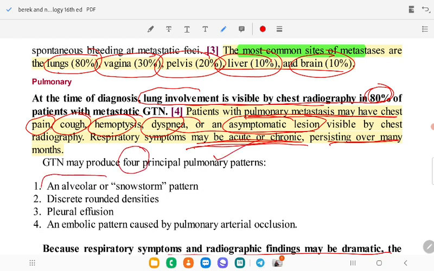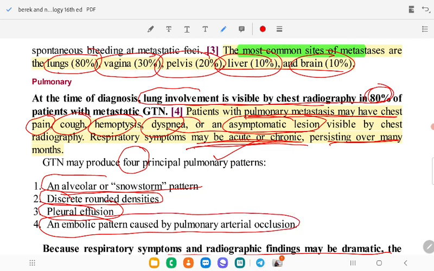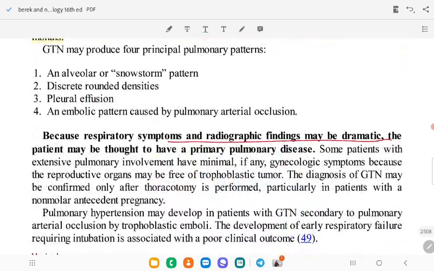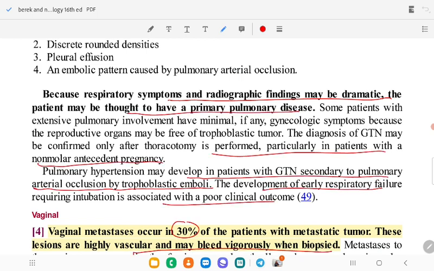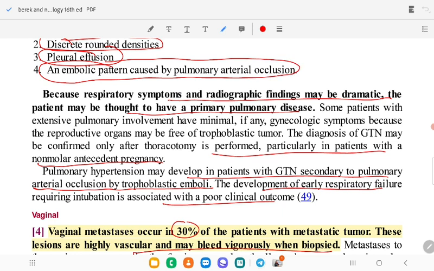One is the alveolar snowstorm pattern, with discrete opacities, rounded densities, and pleural effusions. An embolic pattern may lead to pulmonary arterial occlusion and then pulmonary arterial hypertension. Because respiratory symptoms or radiographic findings may be dramatic, the patient may be thought to have a primary pulmonary disease. Some patients with extensive pulmonary involvement have minimal or no gynecological symptoms, because the reproductive organs may be free of trophoblastic tumor.